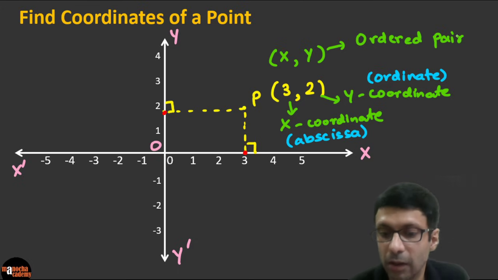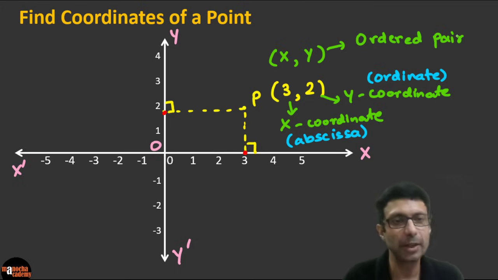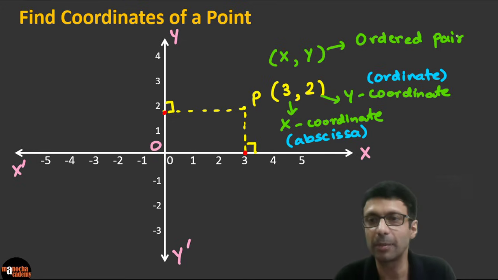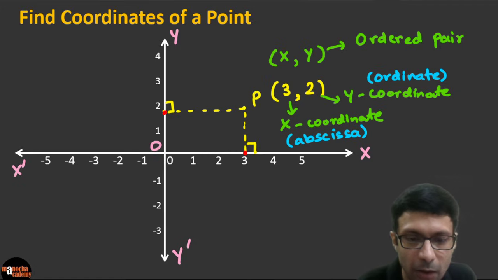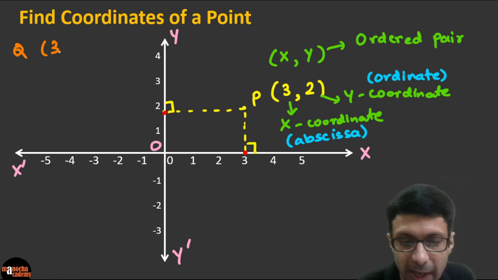So can you tell me, is 3 comma 2 the same as 2 comma 3? What do you guys think? Some of you already wrote abscissa, ordinate. So my question for you guys: is 3 comma 2 the same as 2 comma 3?